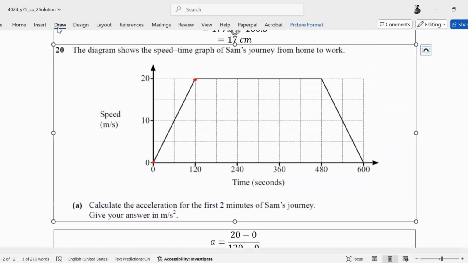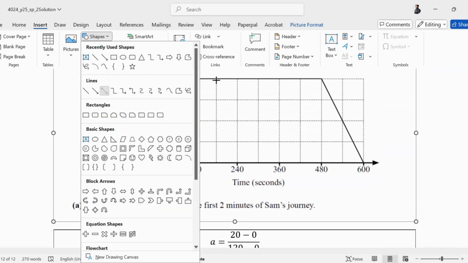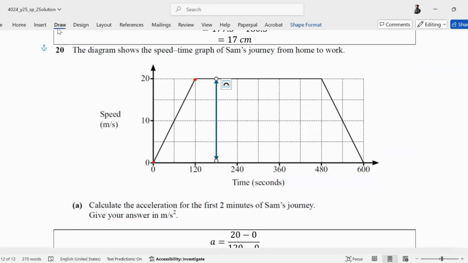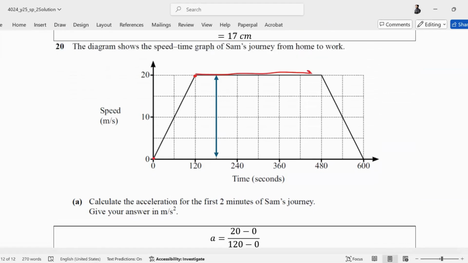This is the trapezium. I can figure out the height of this trapezium, which is from this to this. Height is 20, and then the parallel sides as well. One of the parallel sides is this, and the length is from 480 to 120, which is 480 minus 120.